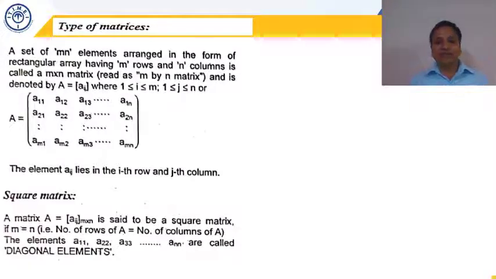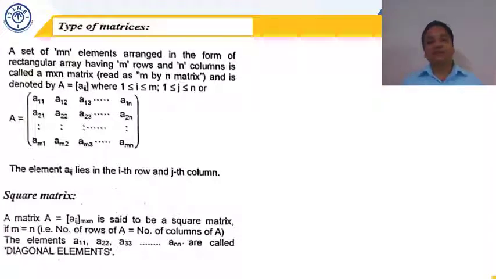And the elements which have the same designation for row and column, as A11, first row, first column, A22, second row, second column, A33, third row, third column, and so on till Ann, nth row, nth column, are called diagonal elements. Elements situated on a diagonal, A11, A22, A33 up to Ann.